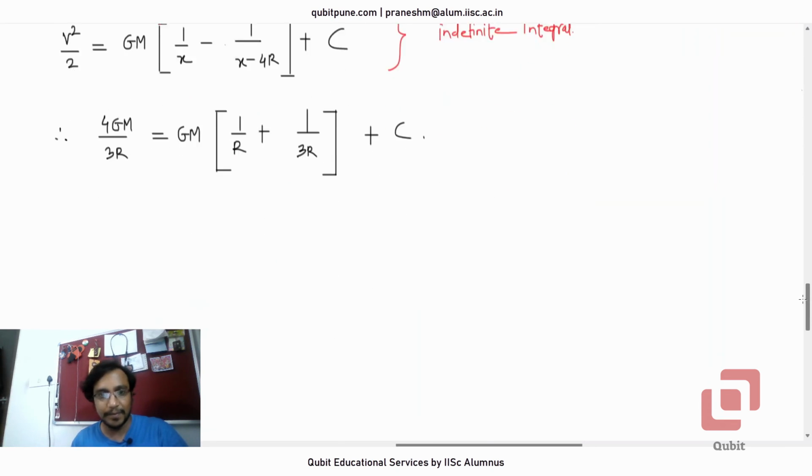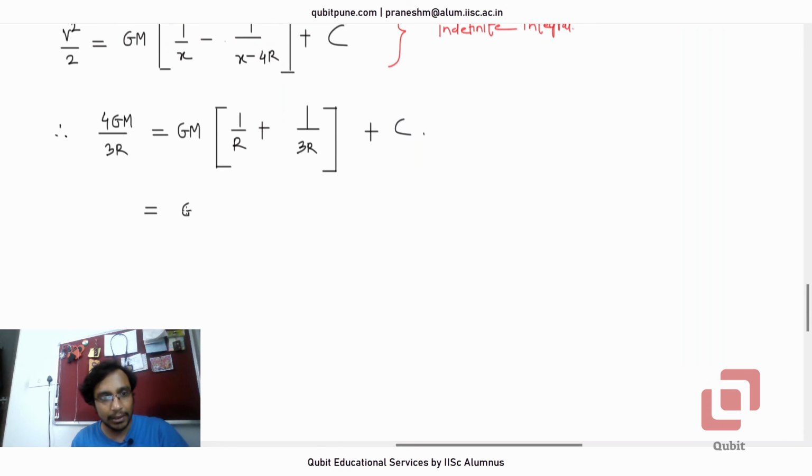Now observe this. The bracket, when simplified, actually gives us 4r by 3r squared. And if you cancel r, it will be 4 by 3r.